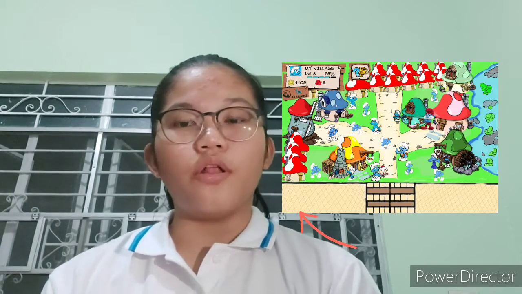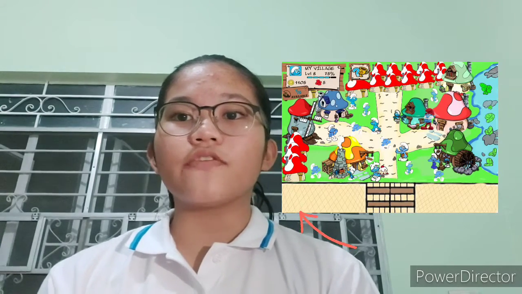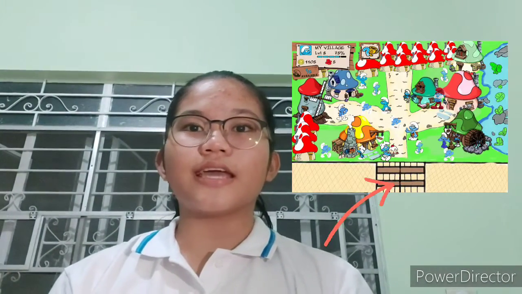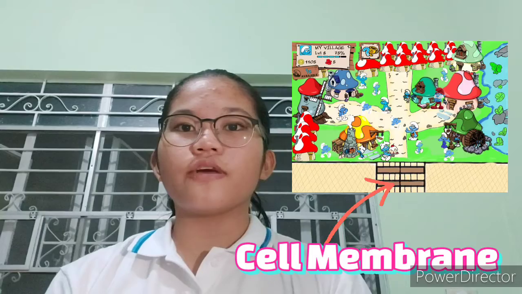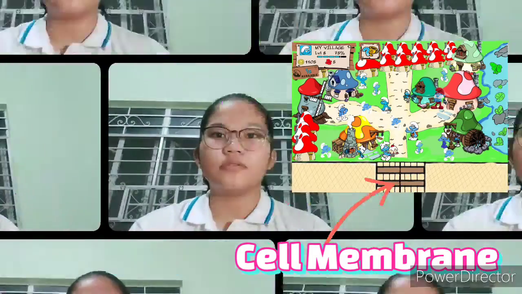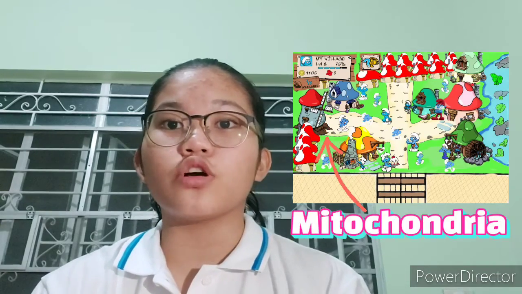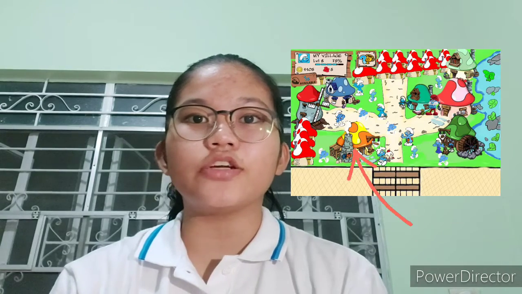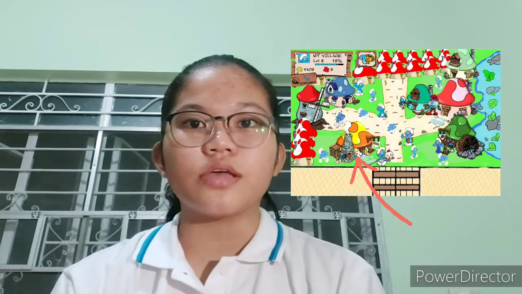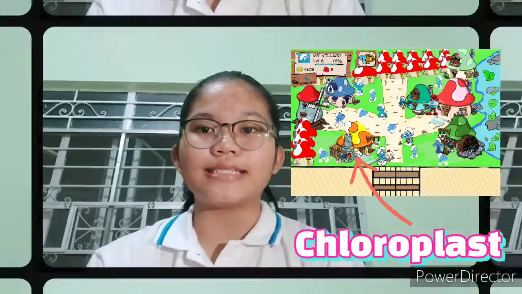First, as you can see at the front of the village, there's a wall, and that wall serves as my cell wall. The second one is a gate in the middle, and it serves as my cell membrane. Then the third one, there is a windmill on the left side, and it serves as my mitochondria. The fourth one is a yellow roof mushroom house, which serves as my chloroplast.